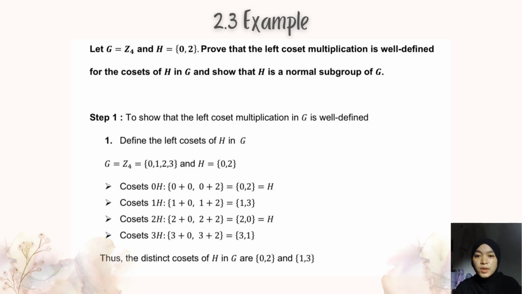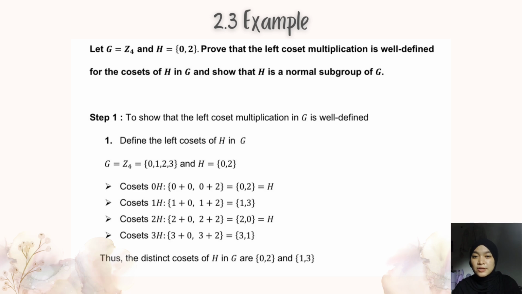We use the same method, which is 1 plus 0 mod 4 is equal to 1 and 1 plus 2 mod 4 is equal to 3. Follow with coset 2H, which is 2 plus 0, 2 plus 2 equal to {2, 0} equal to H. And coset 3H equal to 3 plus 0, 3 plus 2 equal to {3, 1}. For this case, we need to stop at 3H since the Z4 is 0, 1, 2 and 3 only.